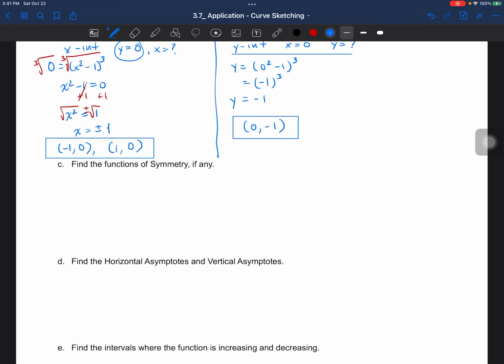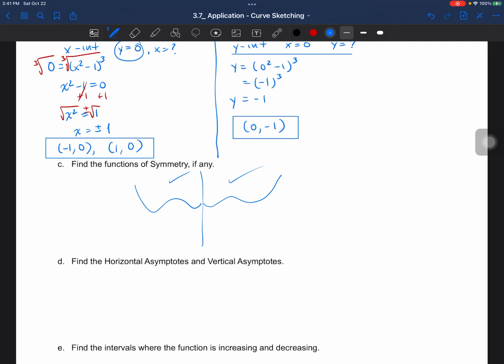Not so bad. The next one is finding whether the function has a symmetry. Symmetry comes from back in geometry, when we talked about whether a figure has the same image with respect to a line. That means the left side behaves the same way as the right side.